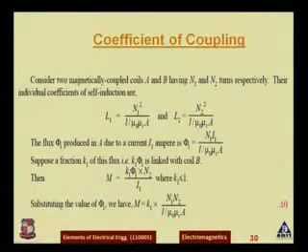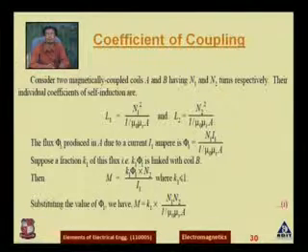Okay, we will now see the coefficient of coupling. To study it, we will consider two magnetically coupled coils, one named A and the other named B. Each coil has a certain number of turns. Let us say the first coil has N1 turns and the second coil has N2 turns.